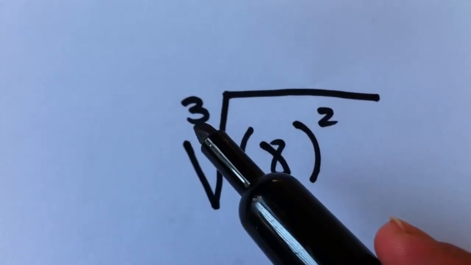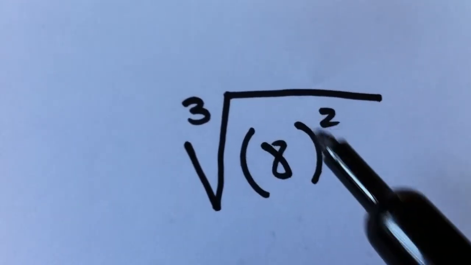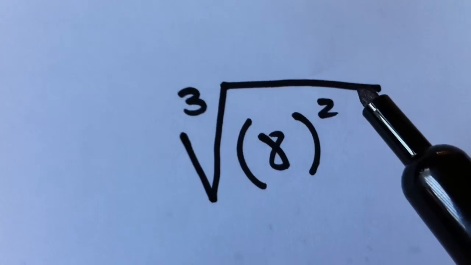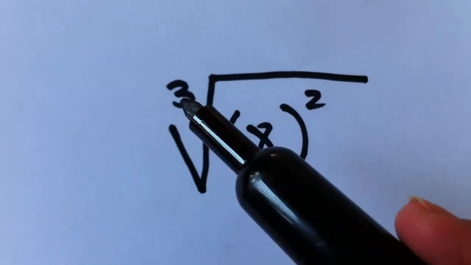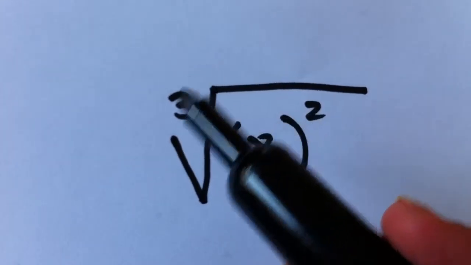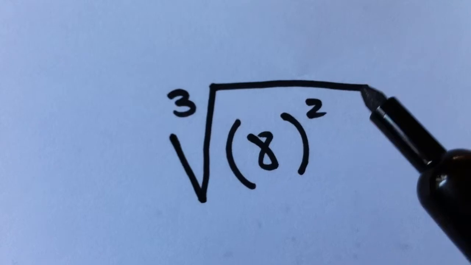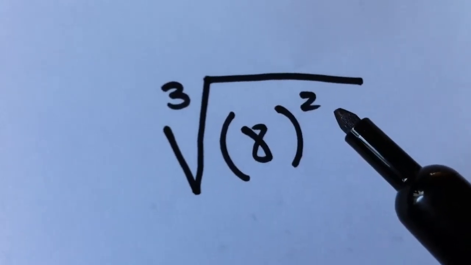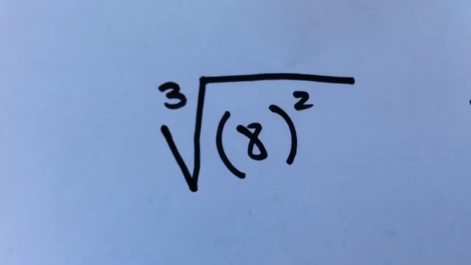In this case it's 3. And we will try to write the number under the radical as a power of 3. Then the 3 will be simplified with the power of 3 under the radical, and we can take the number out of the radical sign, right?